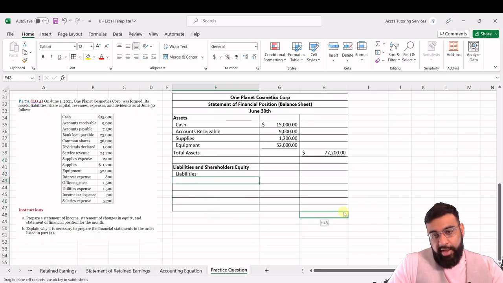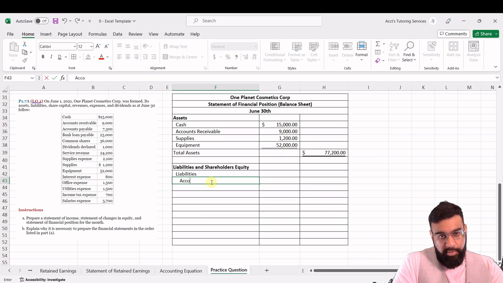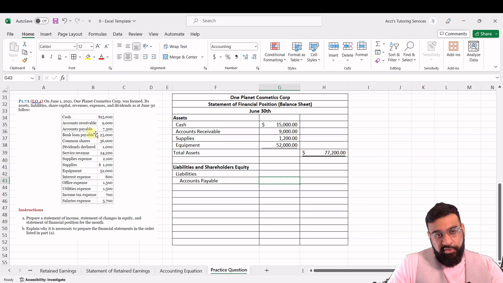And essentially liabilities, we're going to go into our question. So first we're going to list accounts payable. The accounts payable balance is 7,300. Then we're going to keep going down and go through the list to see which other liabilities we have.